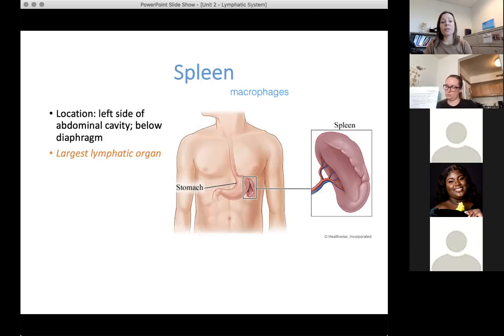And the reason why you can live pretty normally without the spleen is because other organs and other structures, the main one is the liver, can take over some of the functions of the spleen, or they already perform some of the functions of the spleen. So the liver also does the same first function that we listed for the spleen, that it removes old worn out blood cells from circulation.